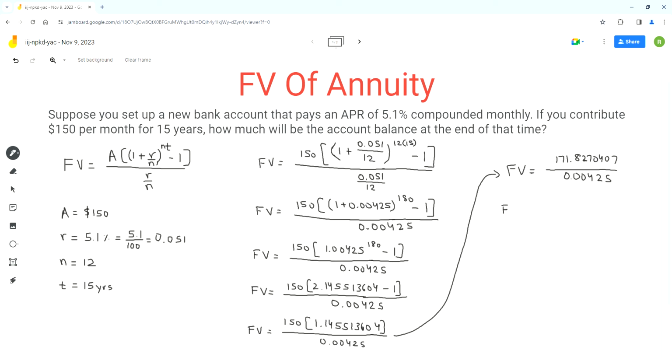We can just do this division to get our final answer. So I got 40429. Now since we are calculating a dollar value, we should round our answer to the nearest cent. So that's 2 decimal places. 89. This should be the final answer for the future value of this annuity.